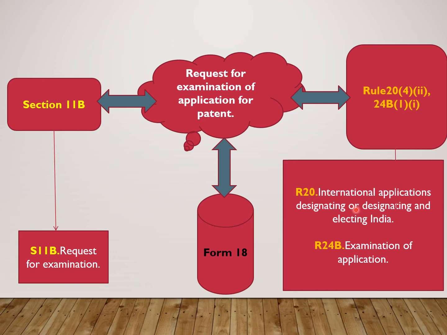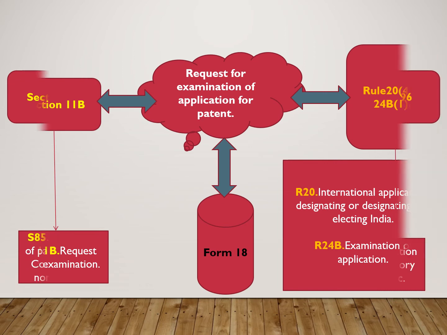So if you read like this, in this manner, you can get the actual meaning of this title. Fine. Then is R24B. The title is Examination of Application. So now the keyword here is examination, request for examination, and this keyword establishes the relationship between the section, the related rule and form 18.